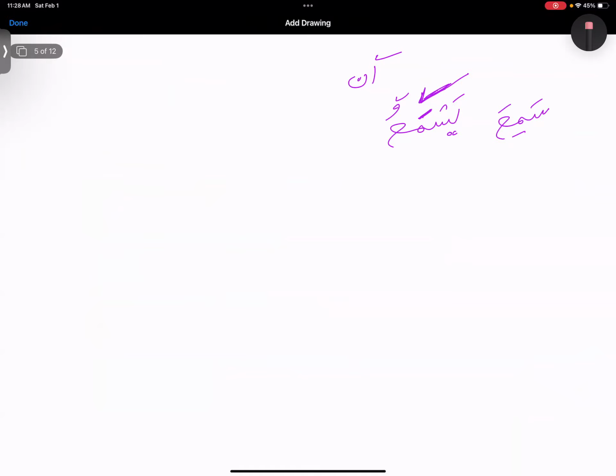So yasma'u, the huma version becomes yasma'ani, and the hum version yasma'una. Now the hiya version would be tasma'u.